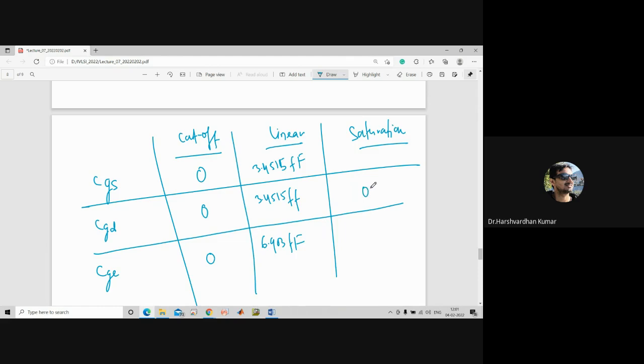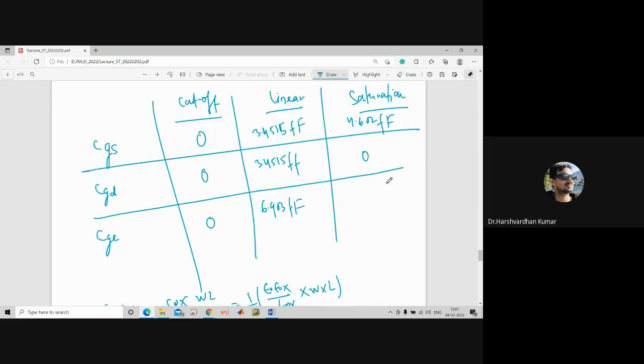And the value of gate to source will be 2 by 3, so the same value you have to multiply by 2 by 3. That is, you will get 4.602 femtofarad. So what will be the value of GC, that is the gate to channel capacitance, in that case?